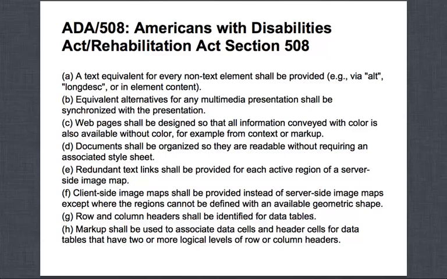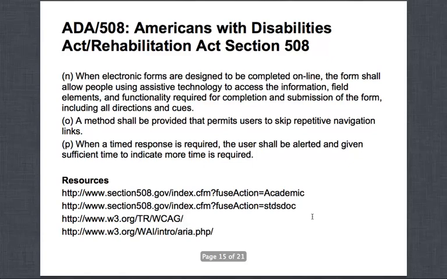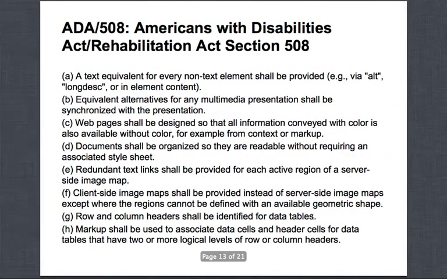ADA 508, Americans with Disabilities Act and the Rehabilitation Act, Section 508. This is what you will just generally hear called accessibility and accessibility standards. There is a list, and I'll just quickly pop through here. We won't hit every single one.